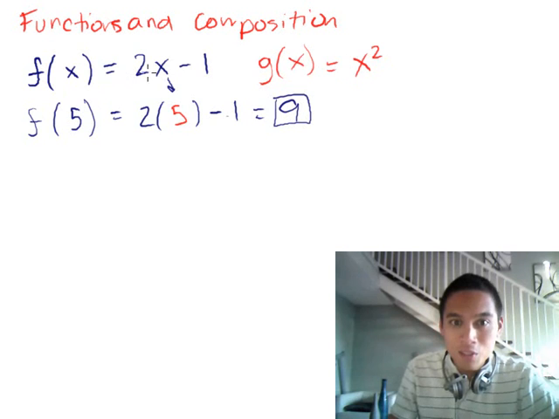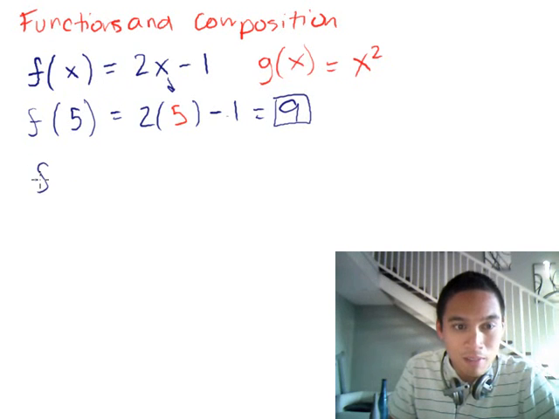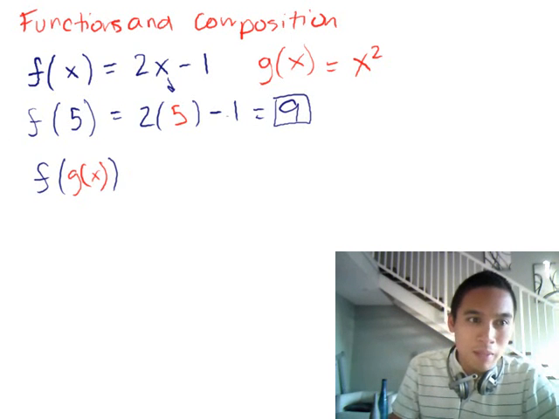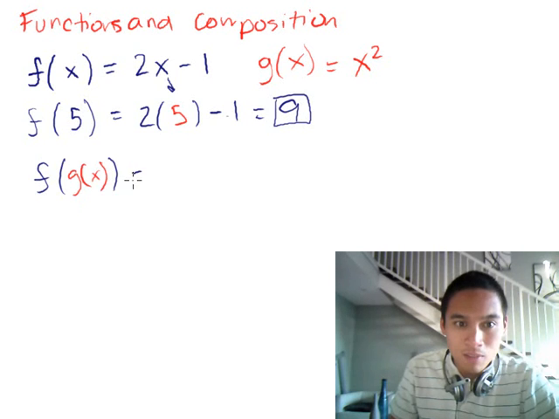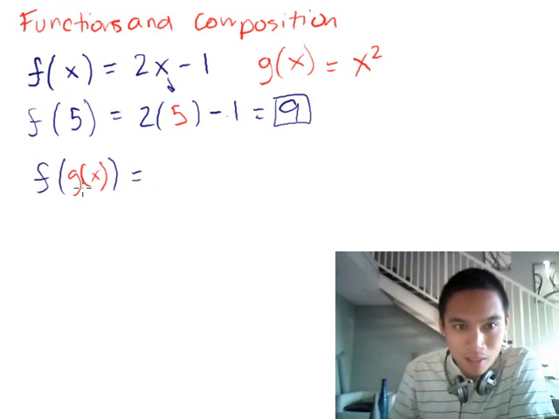So now that I have two functions, we can take the composition of them. And let's start off by finding f of, and then in parentheses, g of x. Right, so taking a look at what we have written there, I have f of g of x. What is my input?